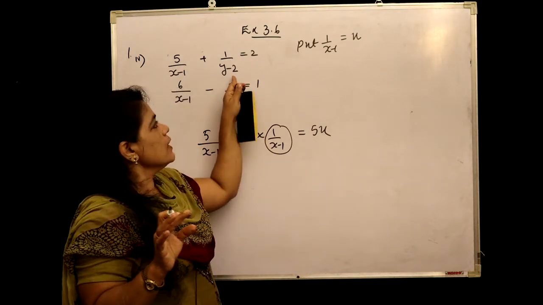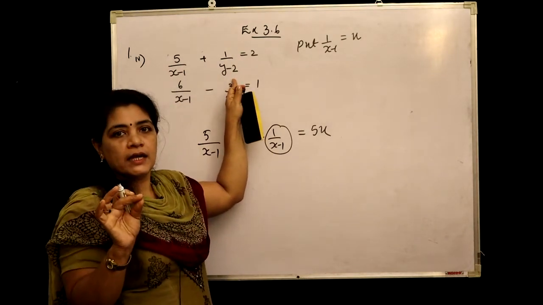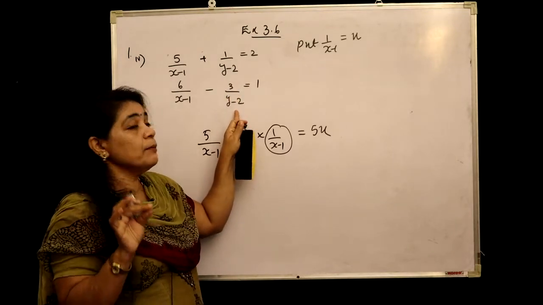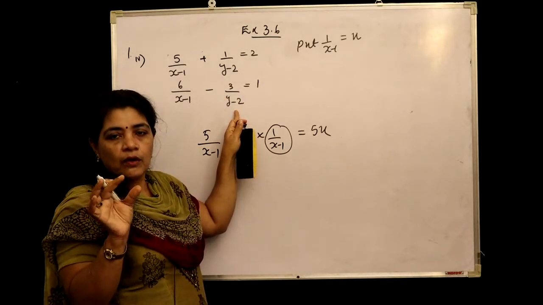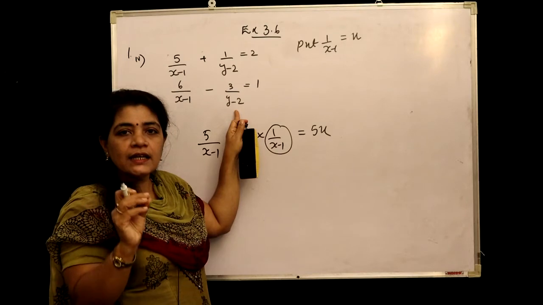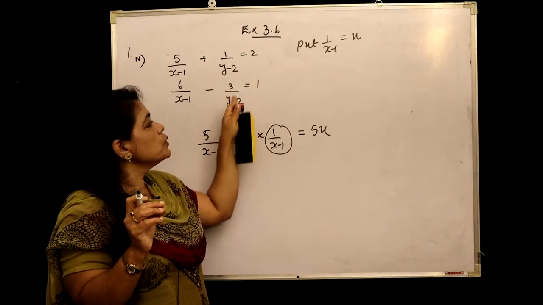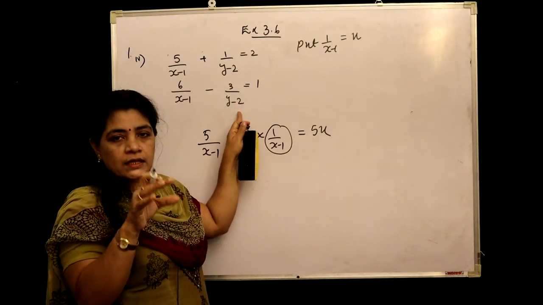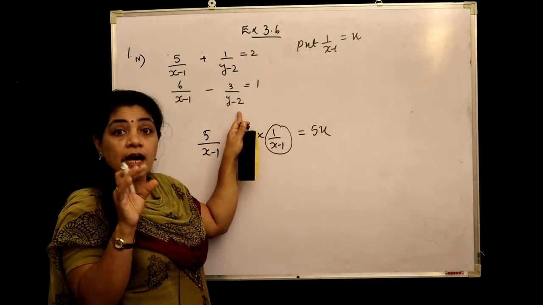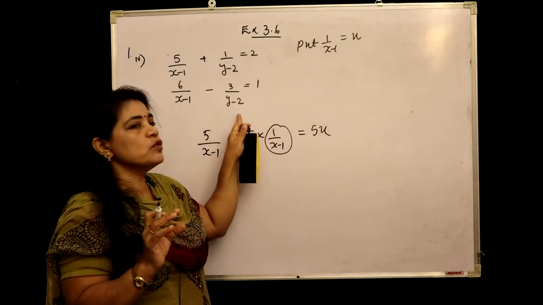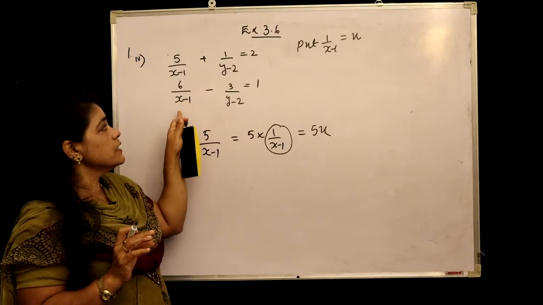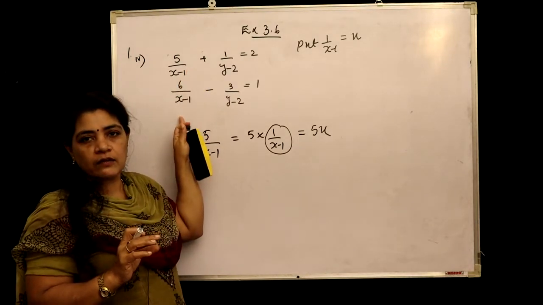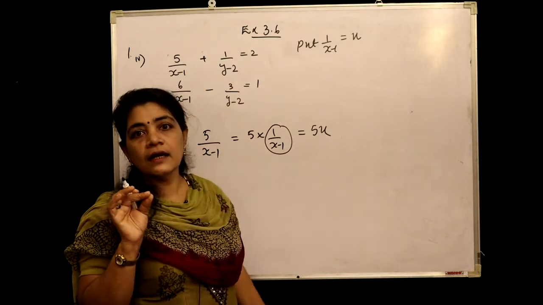So this reduces to the form 5u. And in the same way 1 by y minus 2. Here also 3 by y minus 2. Numerator doesn't matter. You see the denominator of the two terms. Those two terms in the two equations are the same, y minus 2, y minus 2. See here the first term, x minus 1, x minus 1 are the denominators.